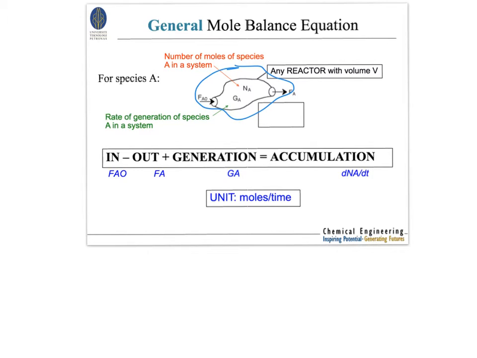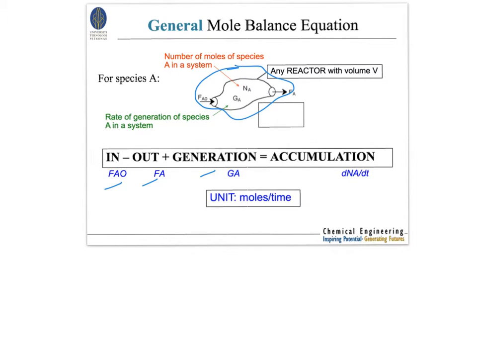The mole balance on species A at any time t can be written as in minus out plus the generation inside the reactor equals the accumulation.